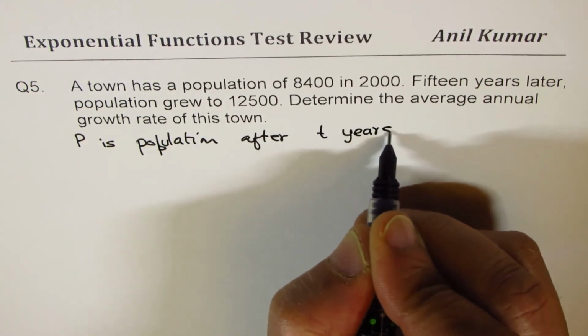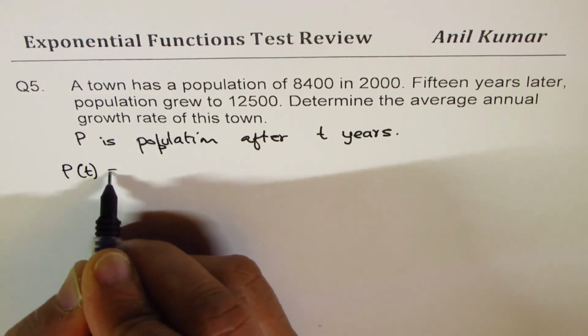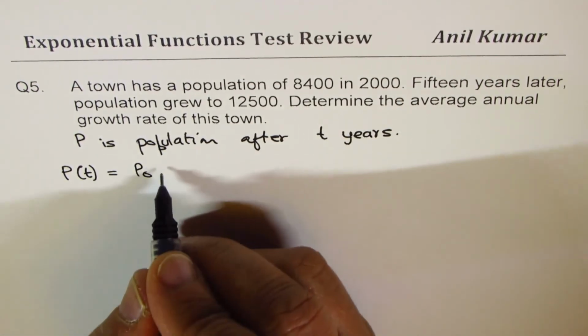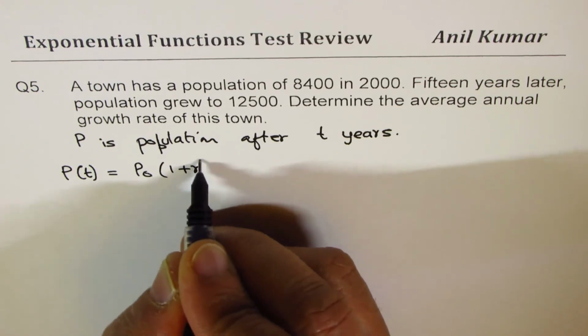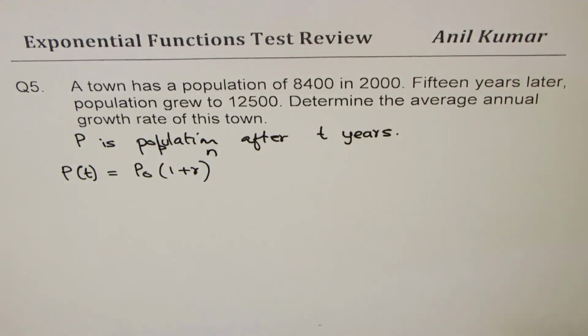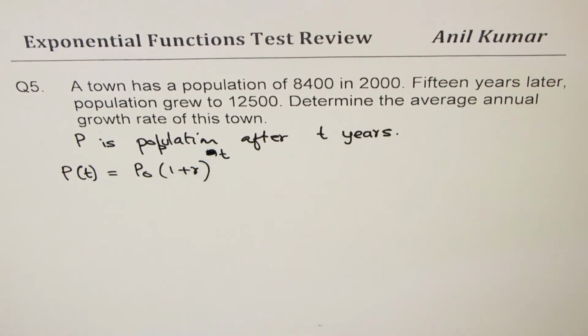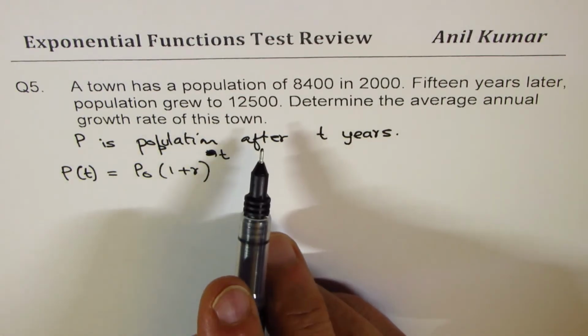So we could write this as population as a function of time equals initial population times 1 plus growth rate, to the power of t, since it is t years. So that becomes your exponential function, which can describe the given situation.